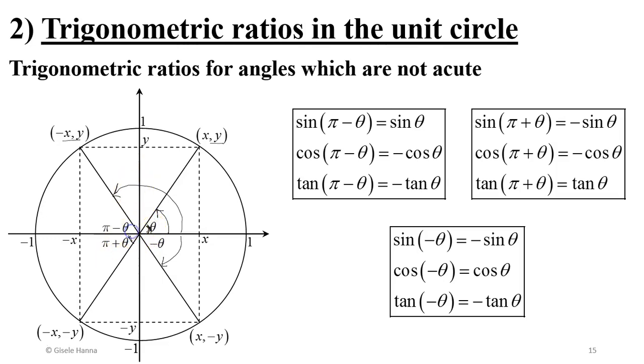So now this angle is in fact equal to that angle, and this angle would in fact be pi plus theta. This one was pi minus theta, because what I did is go half a turn then remove theta in order to get to negative x, y. While for negative x, negative y, what I did is go by half a turn and then add theta, so that would be pi plus theta.